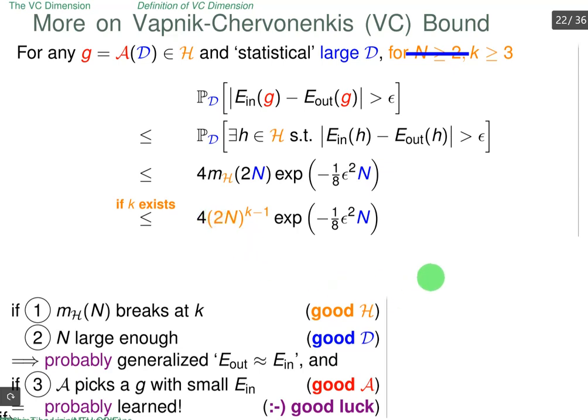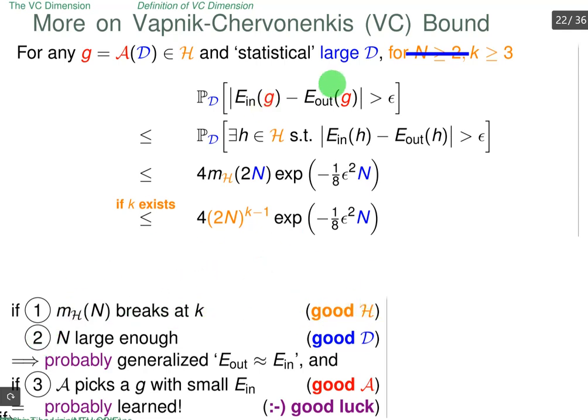So we can summarize three points. First, it is important that the growth function breaks at k. Then we can call this class of hypotheses good. If the growth function of this hypothesis set breaks at k, it's good.